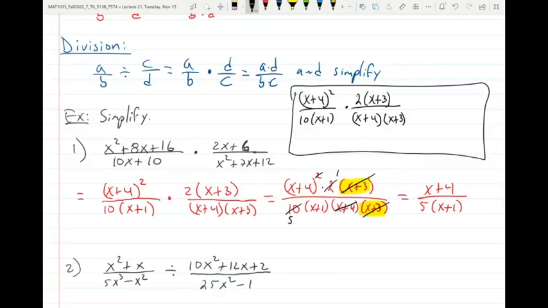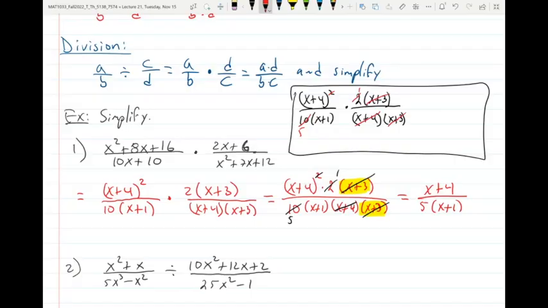So we can simplify vertically or diagonally, okay? Doesn't really matter. So for example, this x plus 3, I can cancel it with this one. This 2, I can cancel it with this 10, and this x plus 4 with one of the x plus 4 up here, okay? Because bottom, top.